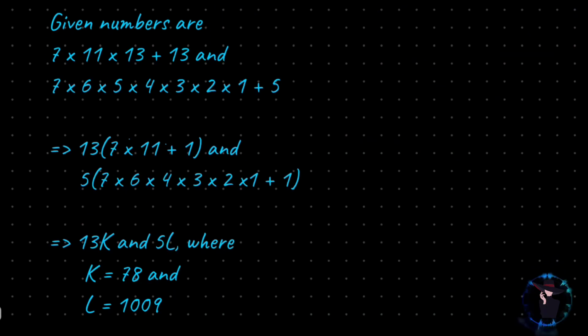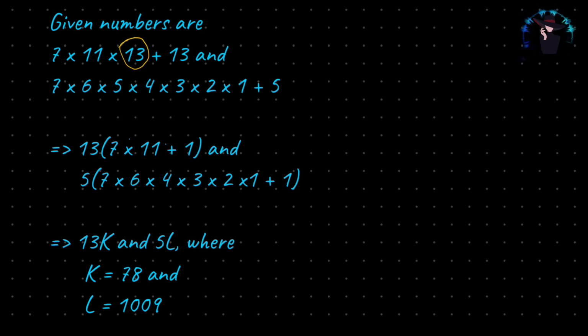Let's look at the solution we have. The given numbers are 7 into 11 into 13 plus 13 and 7 into 6 into 5 into 4 into 3 into 2 into 1 plus 5. Okay, so what are we going to take? We have plus here and multiplication here. Let's take 13 common from this. So what's remaining? If we take 13 common from this, let me just circle it to give you a proper explanation.